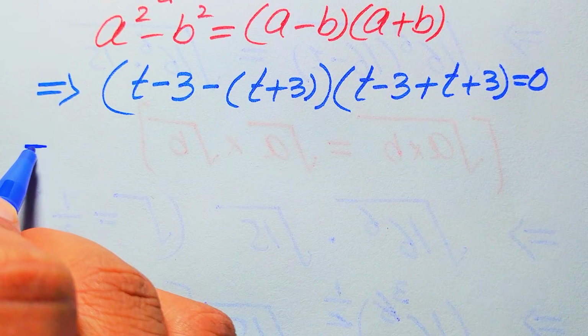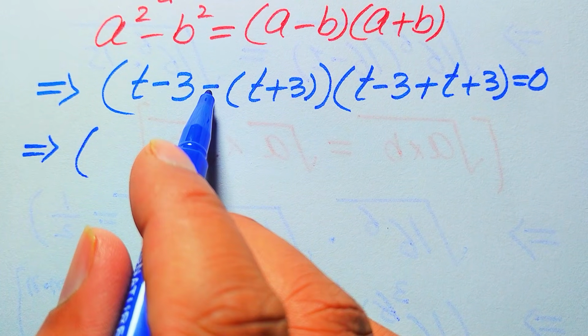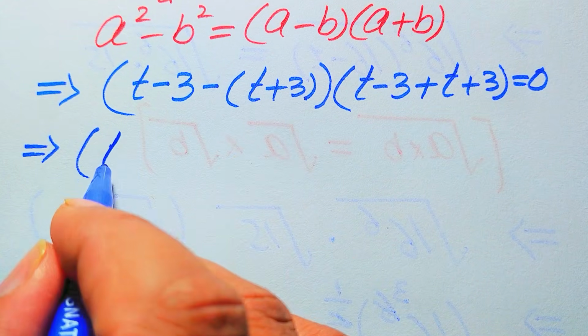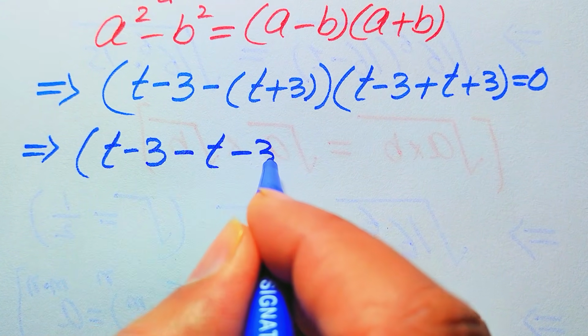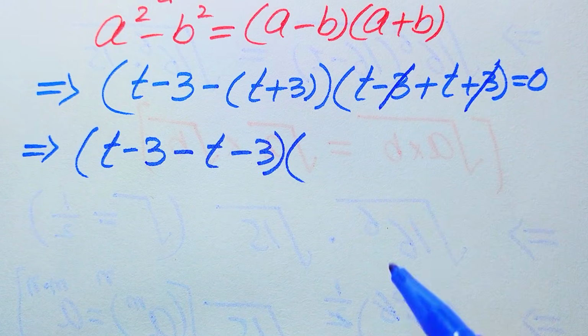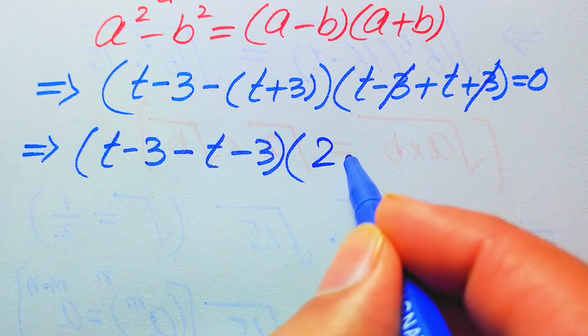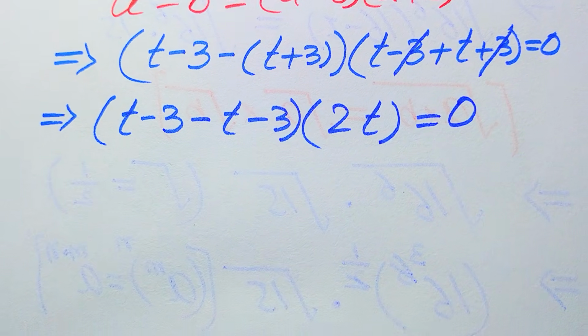Now in the next step we need more simplification. First we remove these brackets and multiply the negative sign on both of these values, and it becomes t minus 3 minus t minus 3, times this: positive 3 and negative 3 are gone, and we obtain t plus t becomes 2t, and this whole equation is equal to 0.